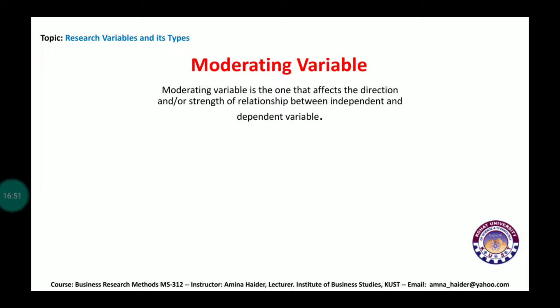So a moderating variable is the one that modifies the relationship between the dependent variable and the independent variable. The researcher believes that this variable may affect the relationship between the independent and dependent variable. The objective of the moderating variable is to measure the strength of the relationship between the independent variable and the dependent variable.